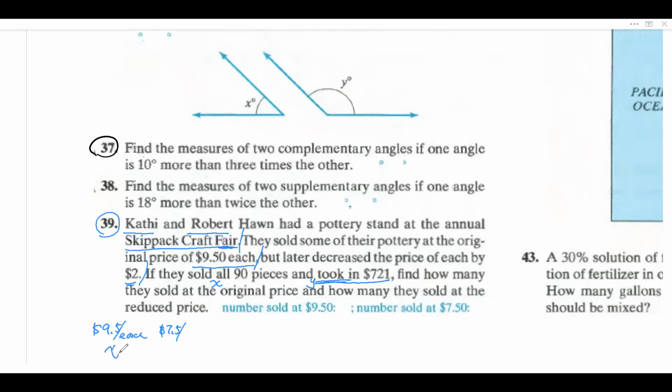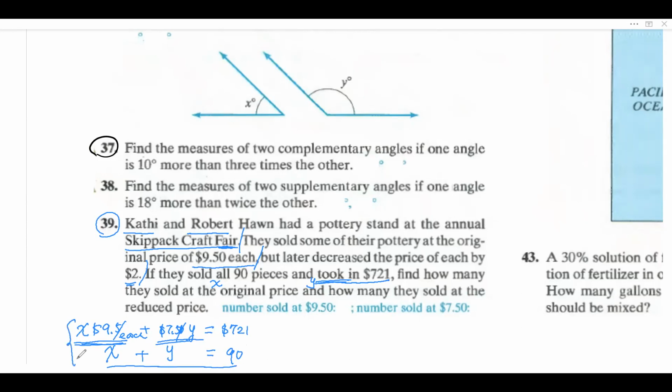Suppose here is X, suppose here is Y. They sold 90 pieces in total, right? The money they make from the initial price is this much, and the money made from the reduced price is this much. Totally they make 721.